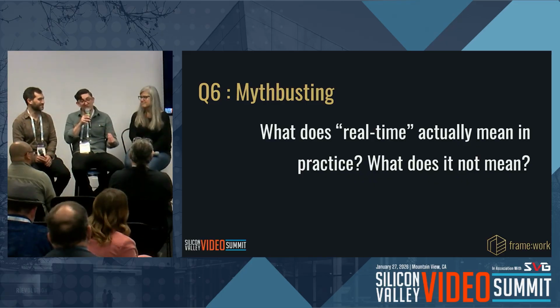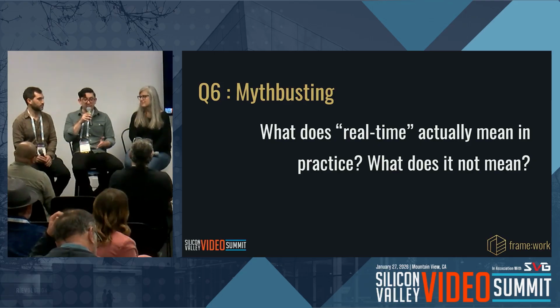So it's always that negotiation between time, quality, performance, and ultimately budget too. Sometimes real time is chosen not because it's the best tool for the job, but because it's the only tool for the job, because the two-week window to render that content was two weeks ago, and now we have to do it real time.